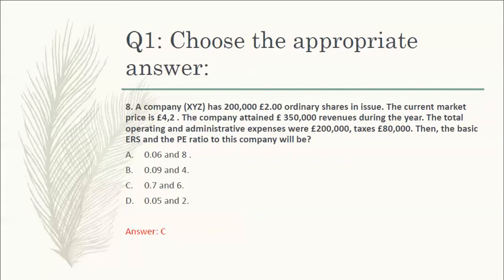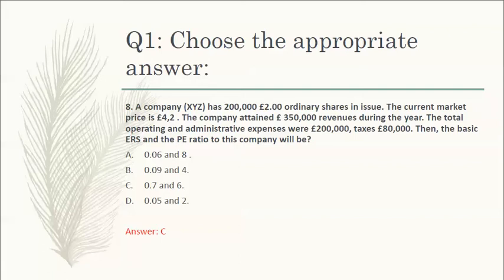So we get total earning on ordinary activities of 70,000, divided by the number of issued ordinary shares. To get the number of shares, we divide 200,000 by 2, so the number of shares is 100,000. So the earning per share will be 70,000 divided by 100,000, which is 0.7.